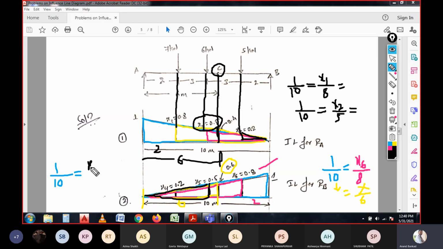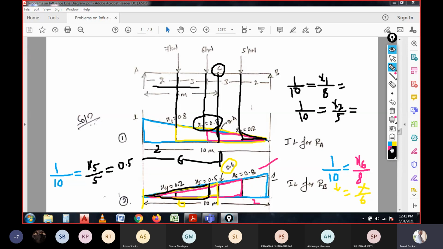So x5 is the height of the considered triangle over here, and the remaining length is, sorry, 5 meter. That means 3 plus 2, which is 5 meter for this span. So this is what we are considering. So by solving this, we'll get x5 as 0.5. So that is the coefficient value for this one.